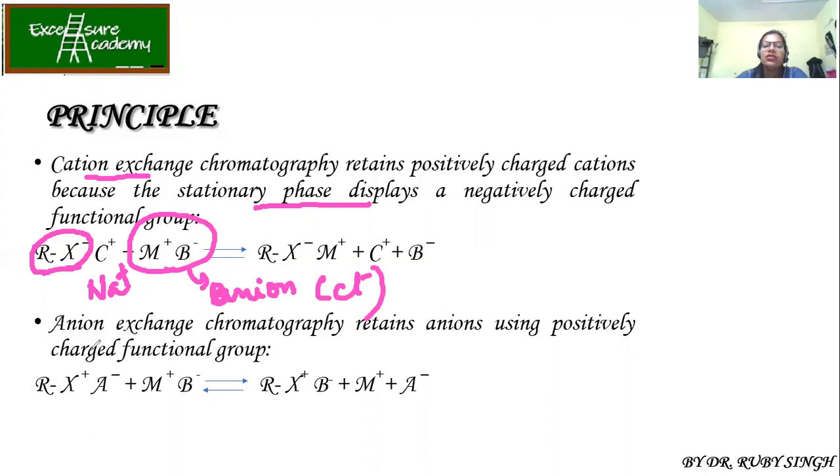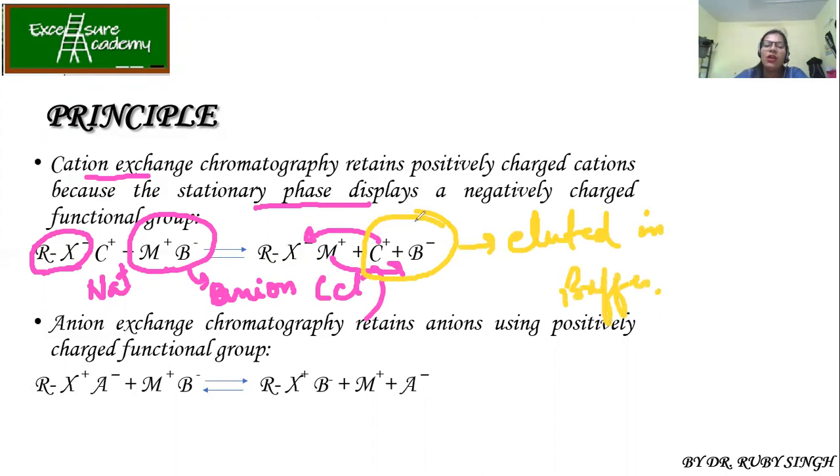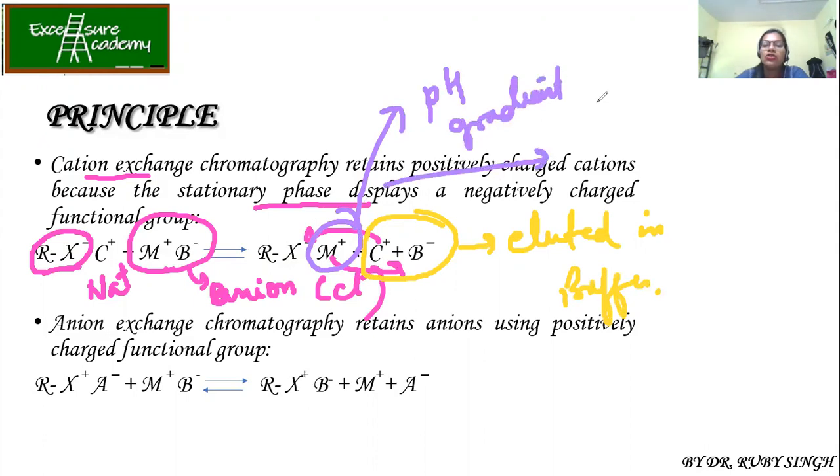Now what happens? There is an exchange of the cations, and these two ions, the cation and the anion, are eluted in the buffer. Now to get the M+, which is your positively charged protein, you either go for a pH gradient or a salt gradient.